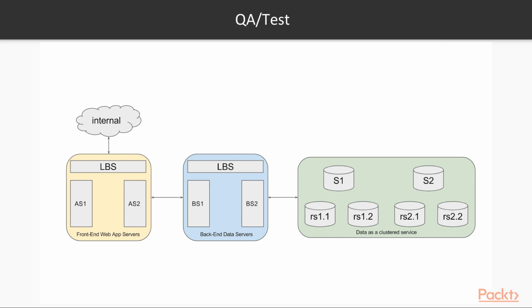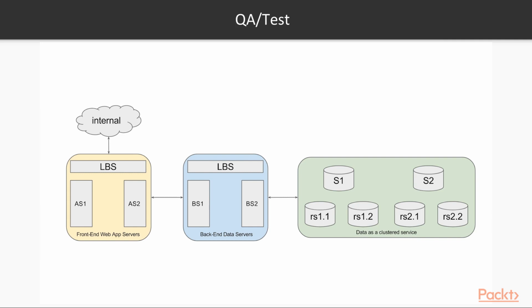A lot of shops that I've been in, the QA people have wisely set up an environment that is as close to production as possible. And because of the huge costs associated with maintaining these types of clusters, sometimes the QA test environments are set up so that they can be spun up or spun down as needed.